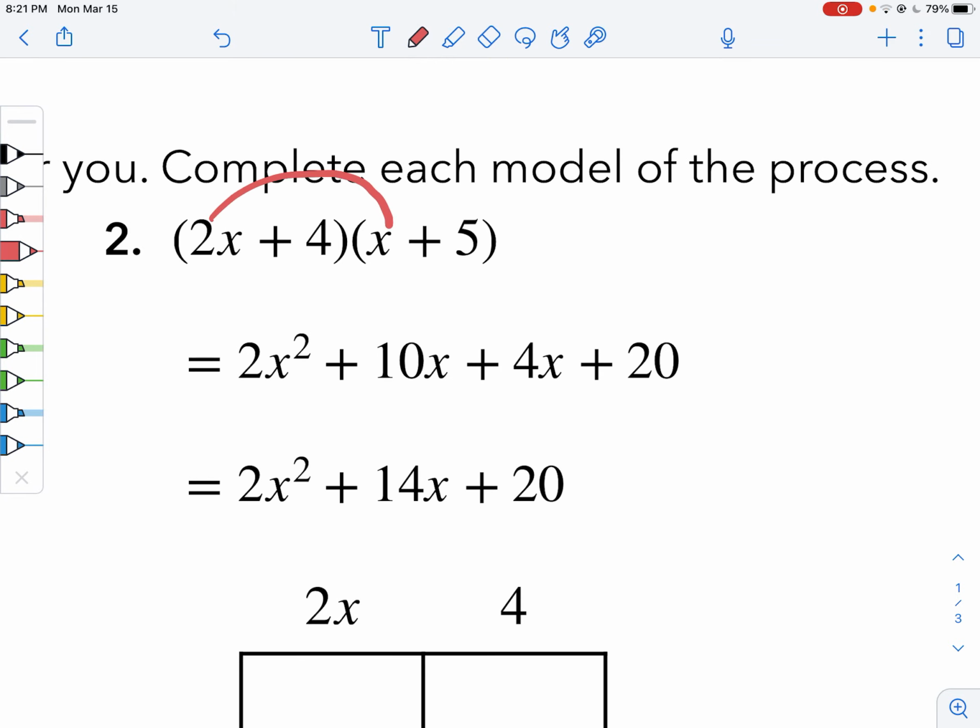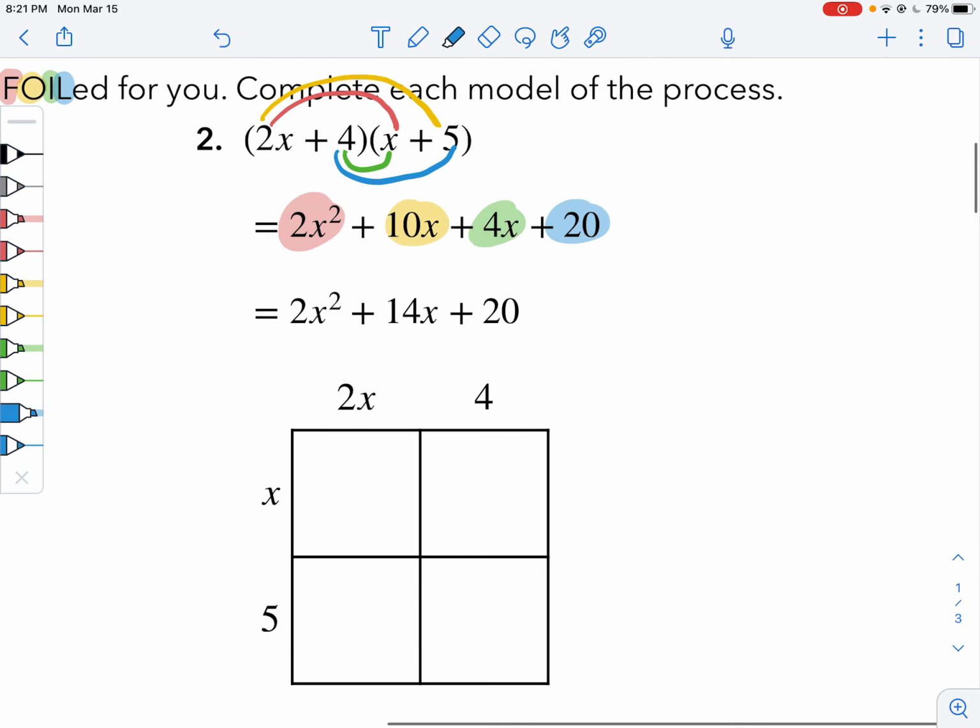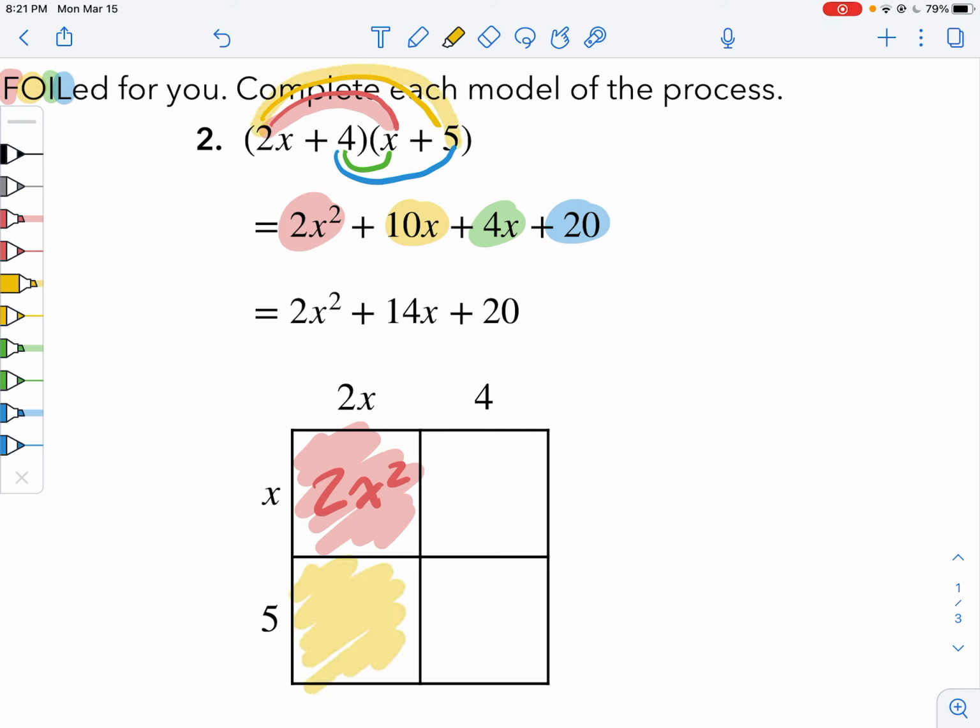And look, it works on this guy as well. We FOIL to do first, outside, inside, last. Our first step was 2x times x, which gave us 2x squared. Our outside step was 2x times 5, which gave us 10x.